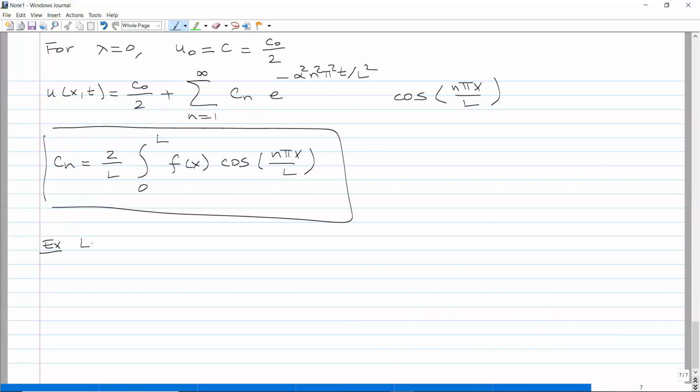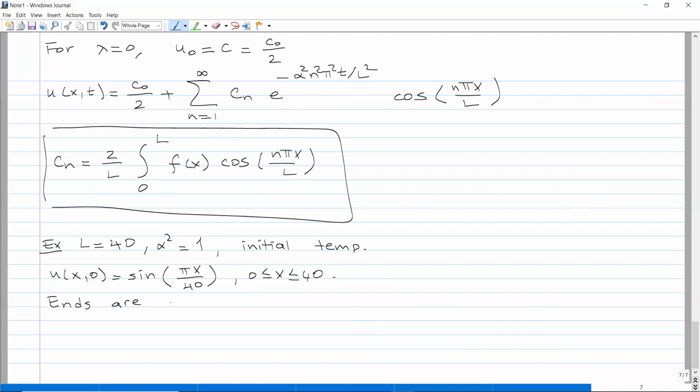We consider a rod with length equals 40, constant alpha squared equals 1, initial temperature u(x,0) equals sine of pi x over 40, x between 0 and 40. What else? Ends are insulated.